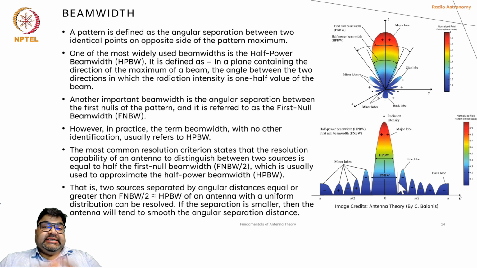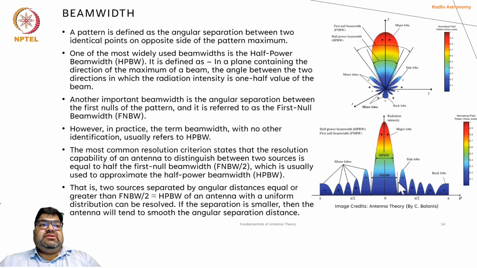As we said earlier, below this the sensitivity of a given telescope goes down. Also, the angular width between two half power points gives us another very important aspect: resolution.